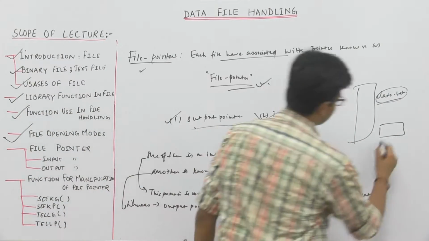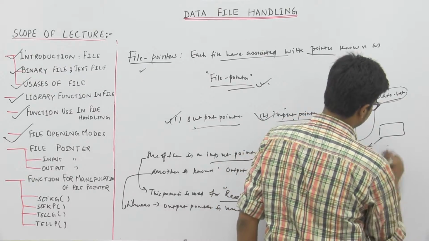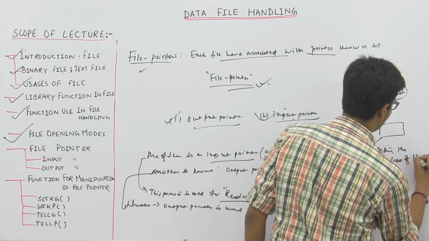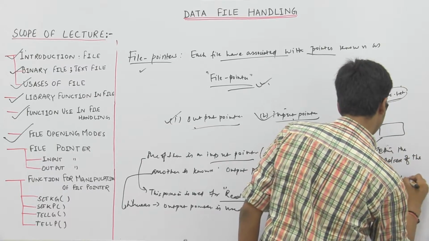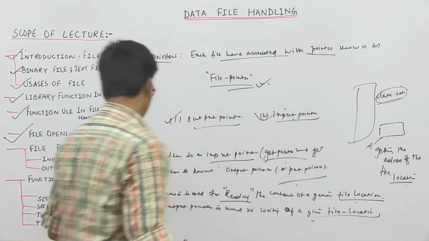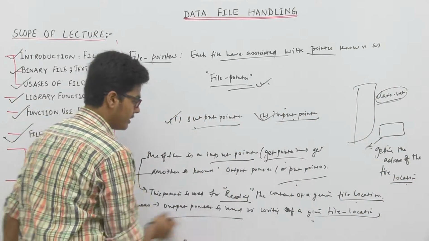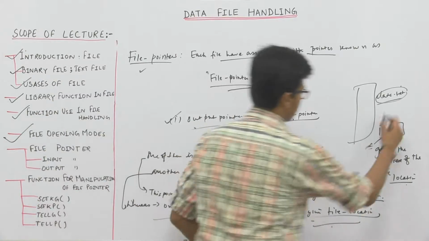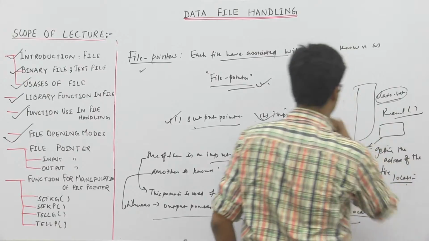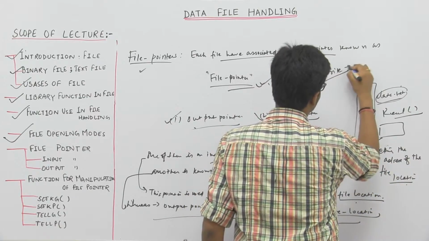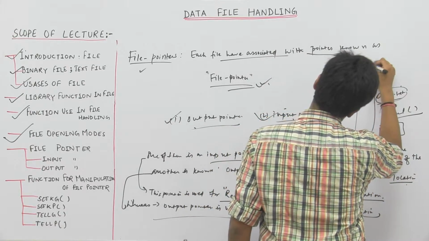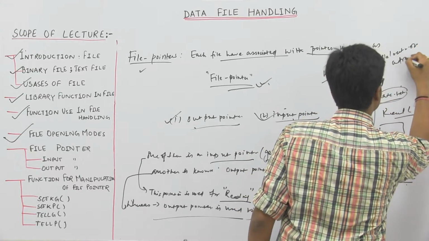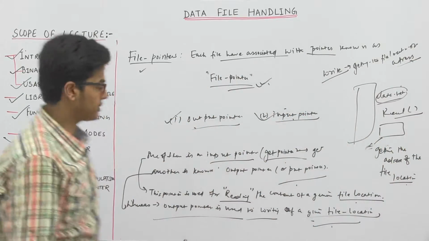The pointer is the basis of reading, getting the address, here the address of the file location. The output pointer is also used for writing at the file location. Whether you want to read in read mode or write in write mode, you need to get the file location, or you can say address. That is the work of the pointer.